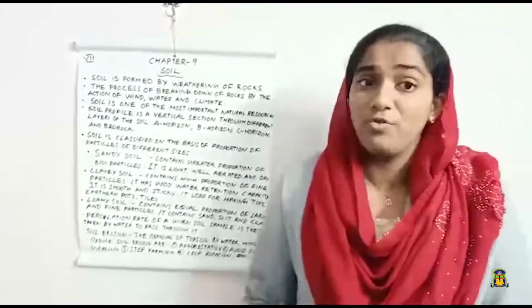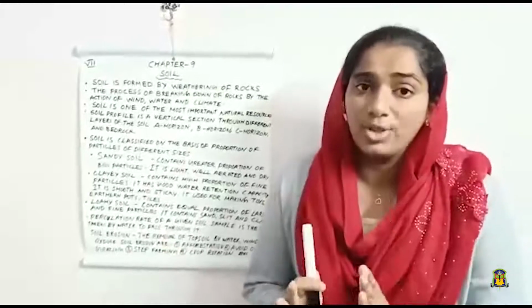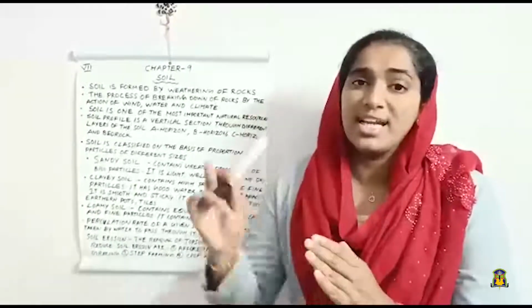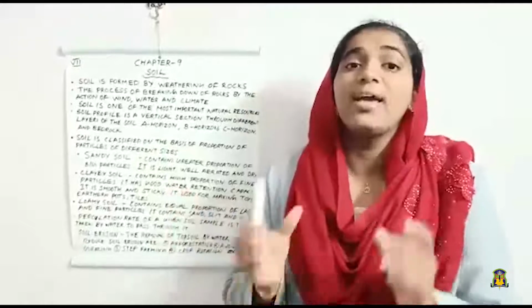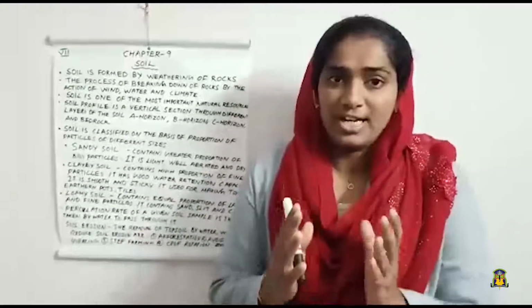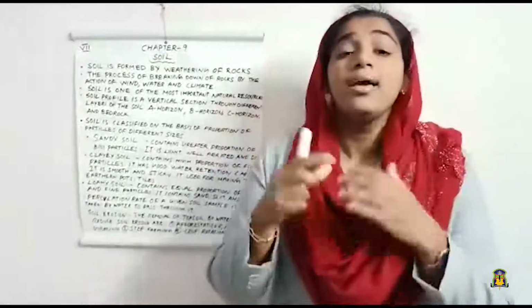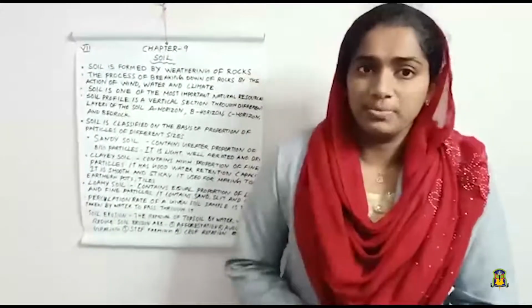What is the equation of percolation rate? Percolation rate is equal to the amount of water in ml divided by percolation time in minutes.